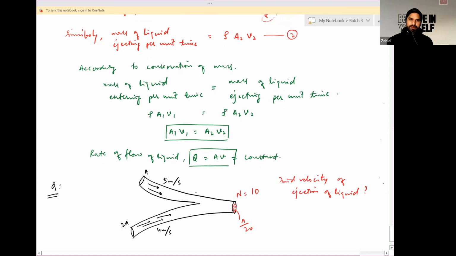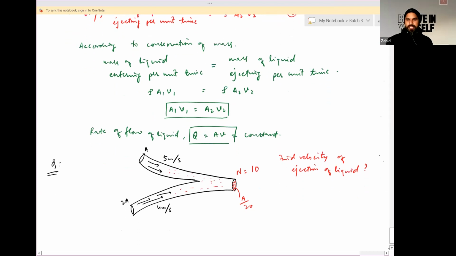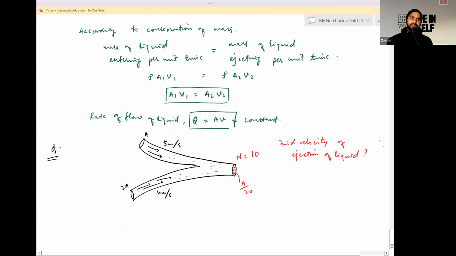Let me explain how to approach this problem. We have two different tubes through which liquid is entering. So total mass of liquid entering per unit time from these two ends should equal the total mass of liquid ejecting out from these small holes.